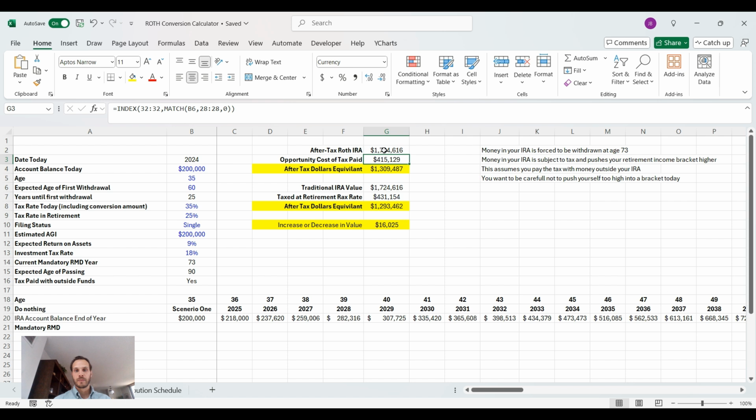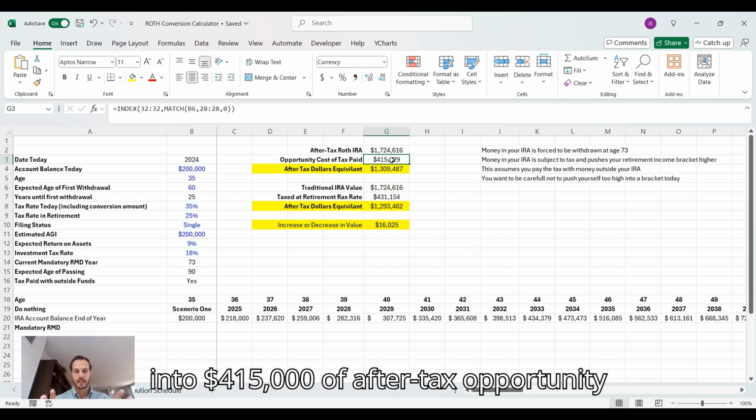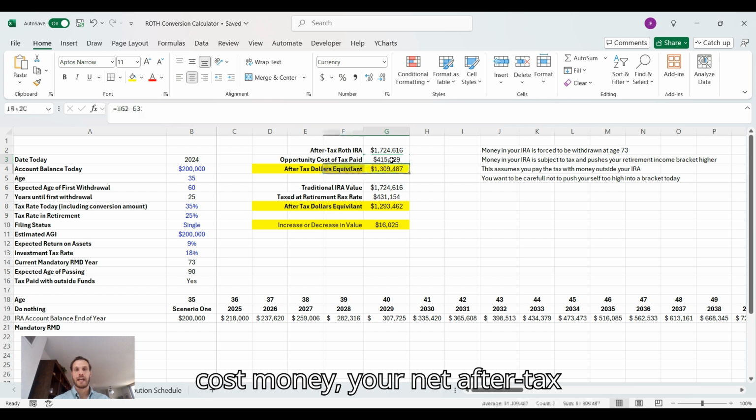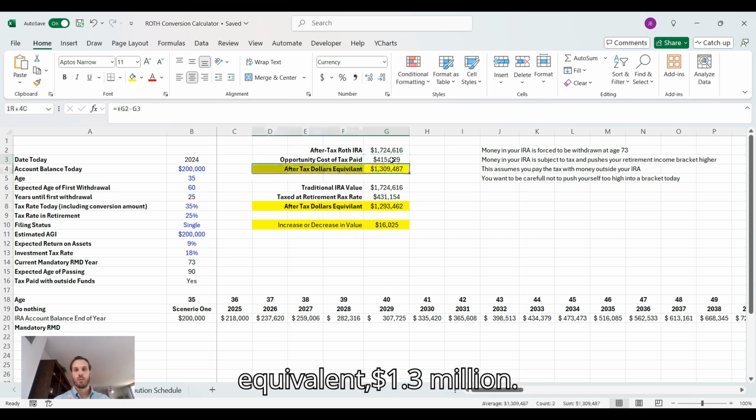Okay, so you had to pay $70,000, which turned into $415,000 of after-tax opportunity cost money. Your net after-tax equivalent, $1.3 million.